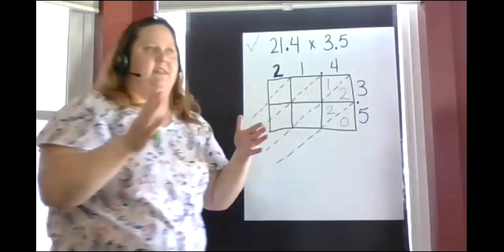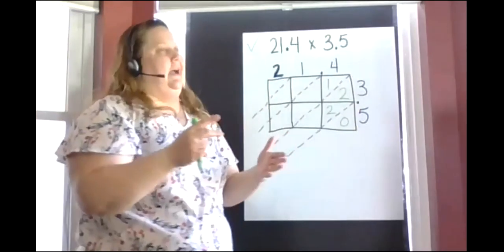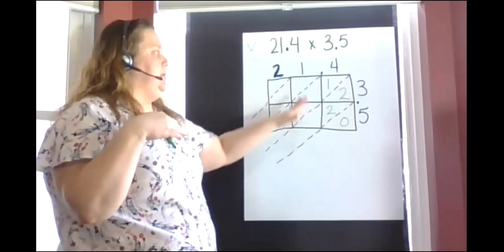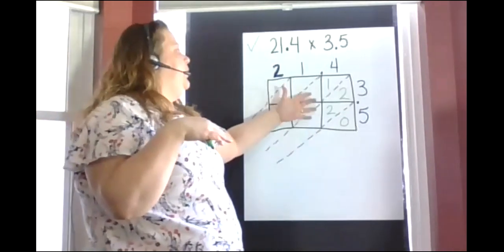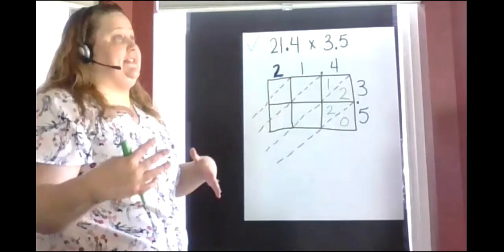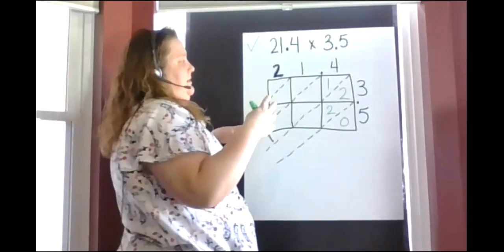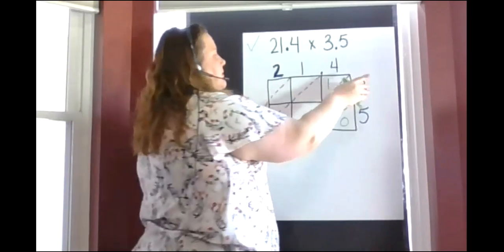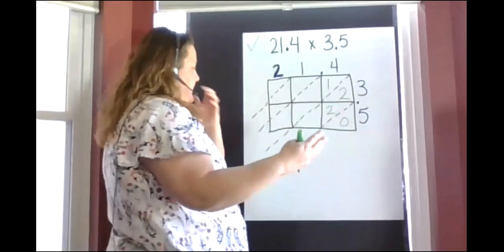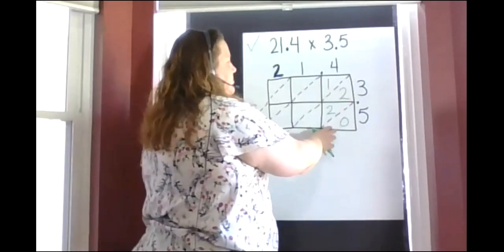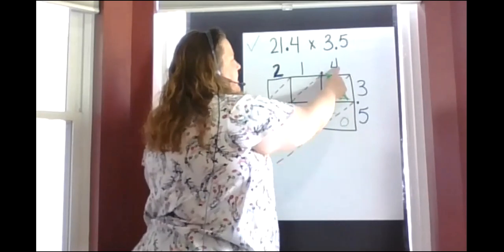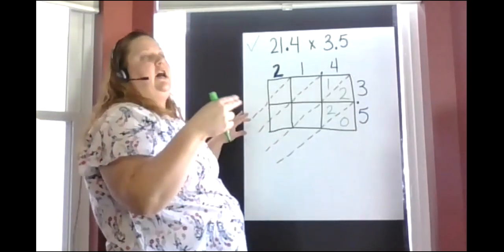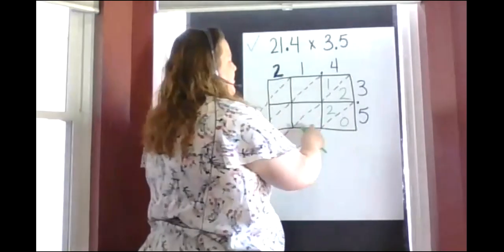When I'm doing lattice multiplication, I've taken away that place value understanding while I'm multiplying the digits. The reason lattice works is because of place value, but when I'm actually doing this, I'm not thinking about this 5 being 5/10, because when we do this, this is a tenths times a tenths. We're going to get something into the hundredths, and we'll see that in a moment.